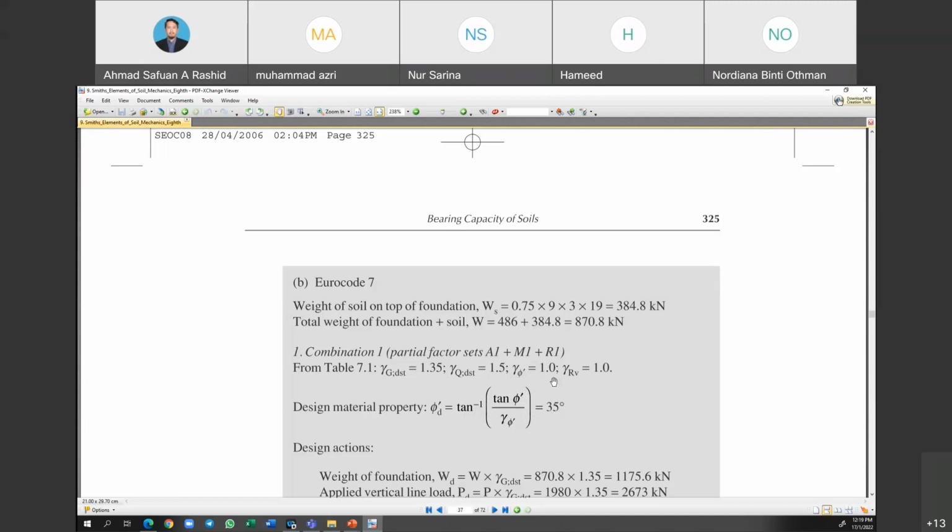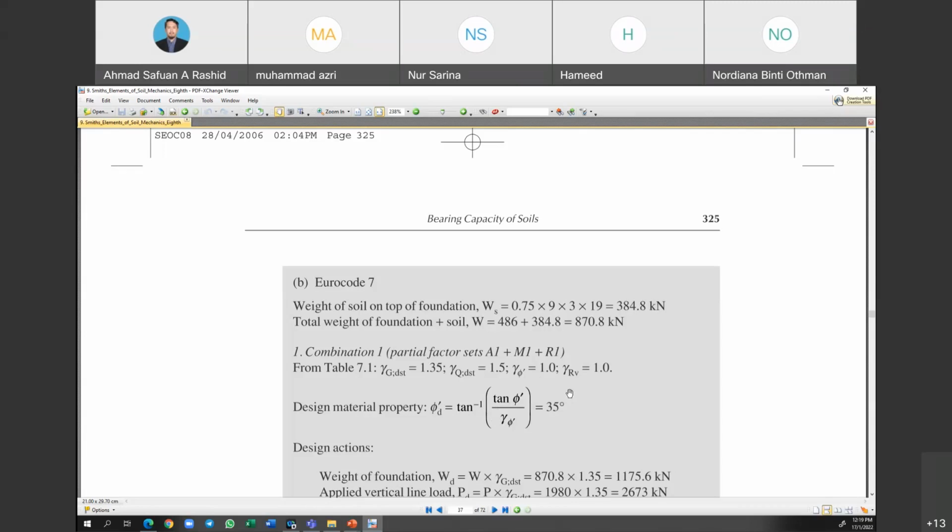However, it will change a little bit when we divide with 1.25. So we cannot get a straightforward tangent phi over 1.25, but rather the tangent of 35 over 1.25. You can use your calculator, so there will be a slight difference.